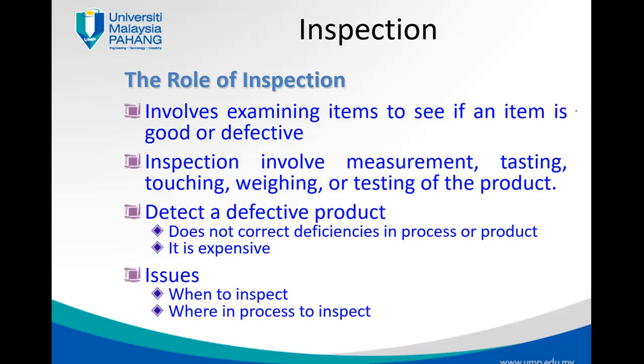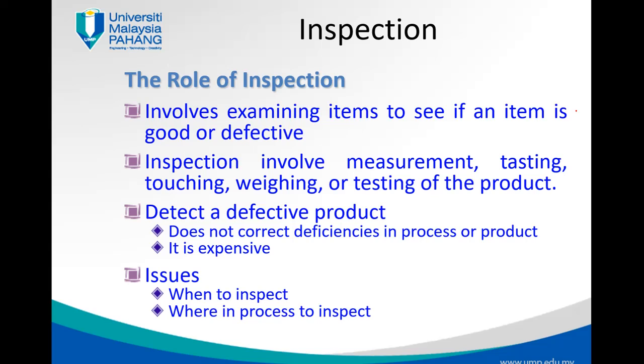The role of inspection involves examining an item to see if it is good or defective. Inspection involves measurement, testing, touching, weighing the product, to detect defective product. Then the issue is when and where to inspect in the process. So inspection is, for the time being, a compulsory process in production or manufacturing.